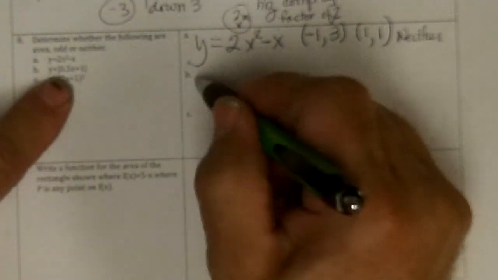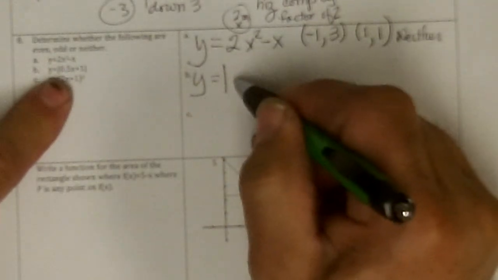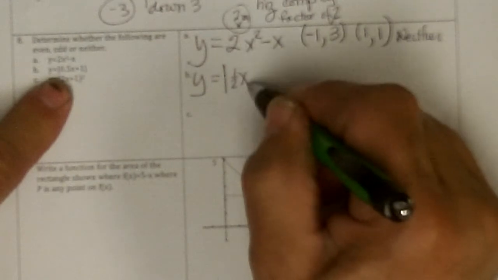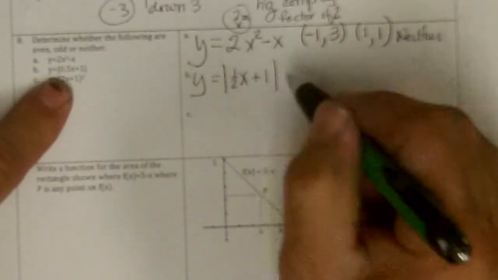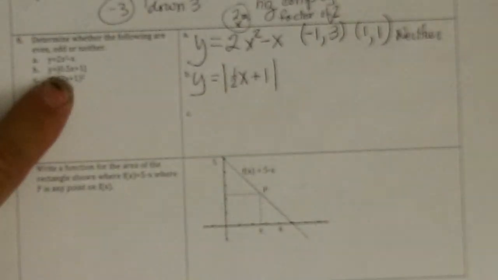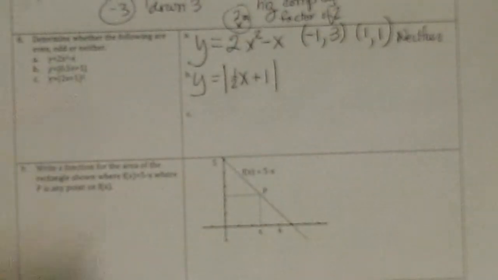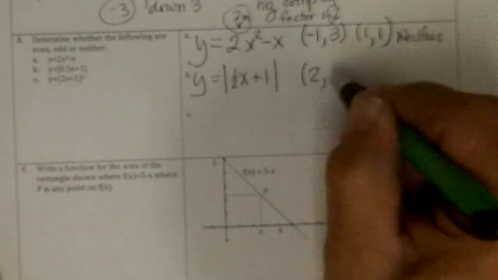So now I'm going to do it for the next one, which is y equals the absolute value of 0.5x plus 1. I'm just going to write half x. I like that better, but you might like 0.5x. So this time I'm going to do the same kind of test. Absolute value tends to be even, so I'm going to put in a number that it's easy to take a half of. So I'm going to use 2.